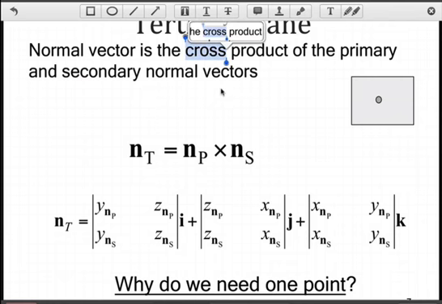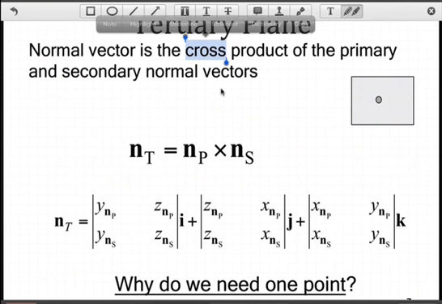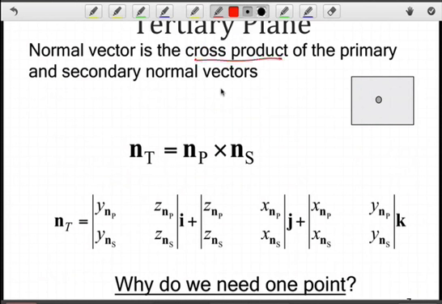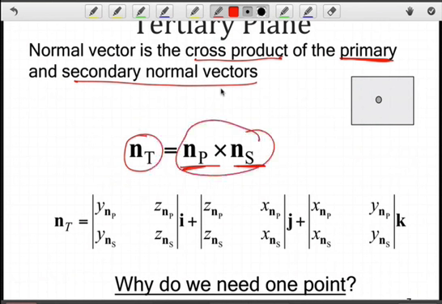So for the tertiary, all we're going to have to do here is take the cross product again, but we'll just use the primary and secondary normal vectors. In other words, we don't have to know anything about the third plane to find out its orientation. So we already know NP, we already know NS, and therefore NT will be perpendicular to these two vectors.